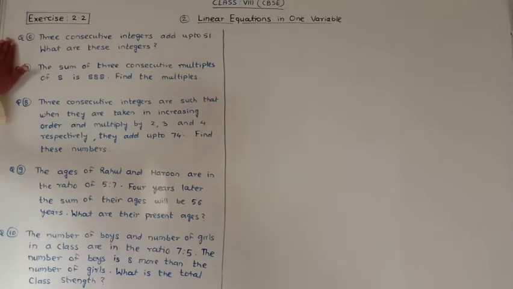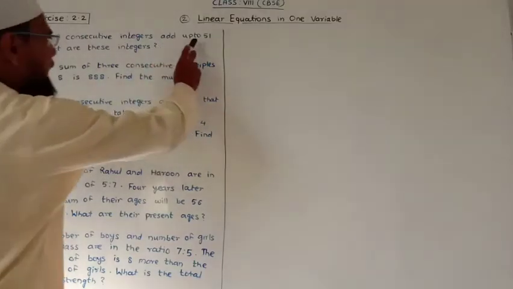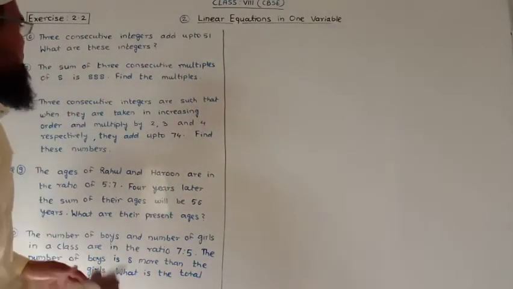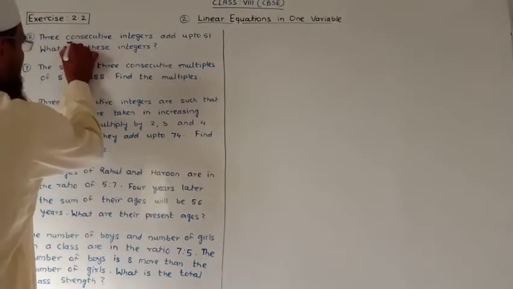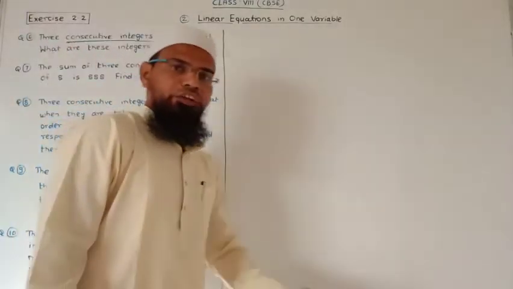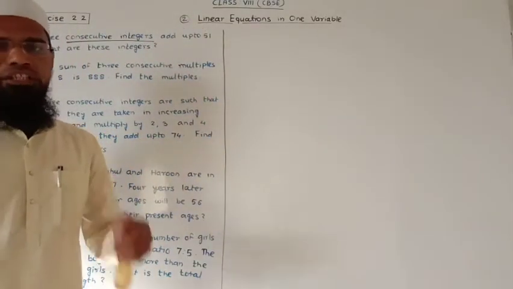So what is question number 6? Three consecutive integers add up to 51. What are these integers? Here, what is meant by consecutive integers? Consecutive integers are nothing but back-to-back integers.